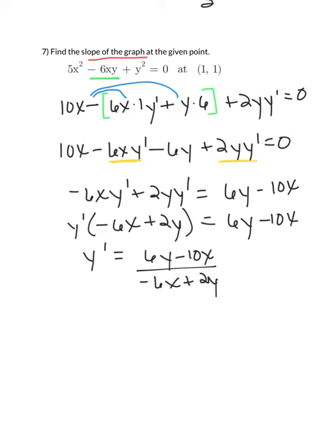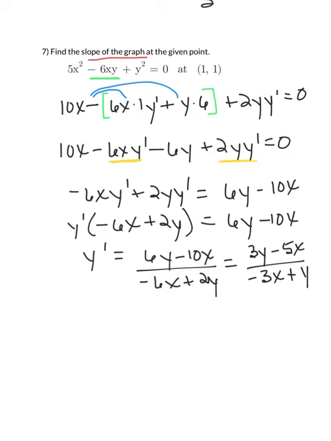Those numbers are all even, and they would all divide by 2. So our simplified version would be 3y minus 5x over negative 3x plus y.